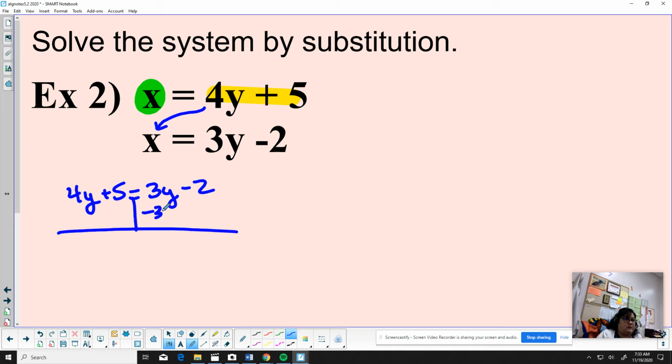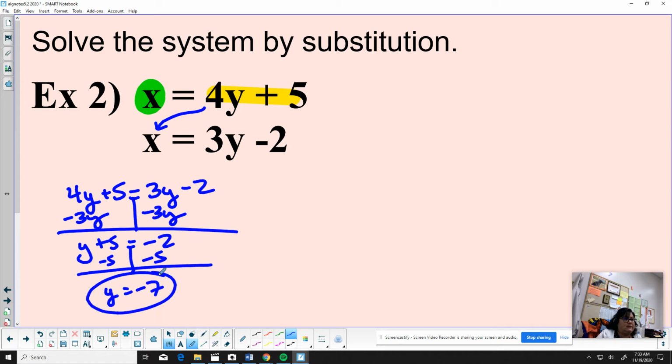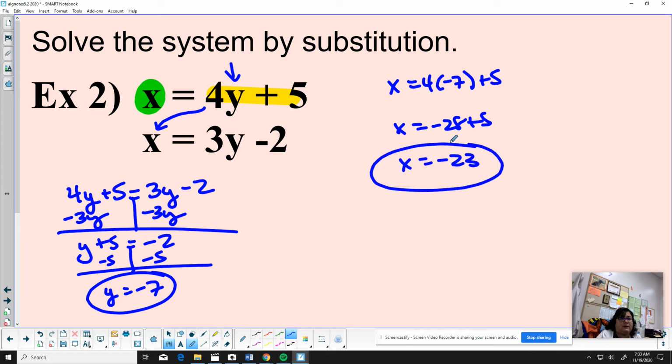I'm subtracting 3y from both sides. So y plus 5 is -2, and I'm subtracting 5 from both sides. So y is -7. Now I take that -7 and plug it back into the original equation that I plugged. So x equals 4 times -7 plus 5, so x equals -28 plus 5, so x is -23.